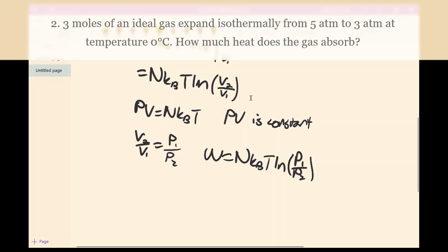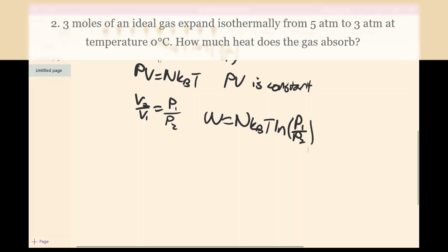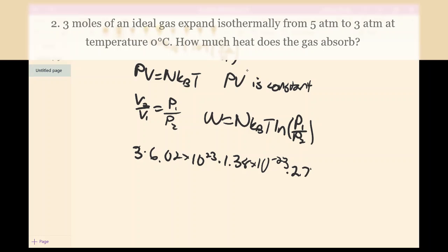Now we can plug in all of the numbers that we have, and it would be something like 3 times 6.02 times 10 to the 23rd, and then times 1.38 times 10 to the negative 23rd, times 273, and then log of 5 over 3.